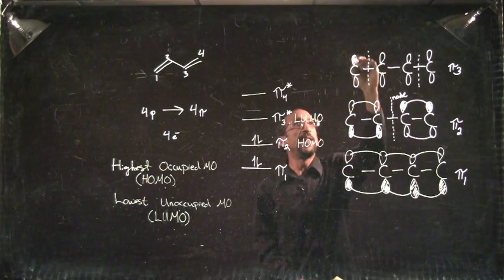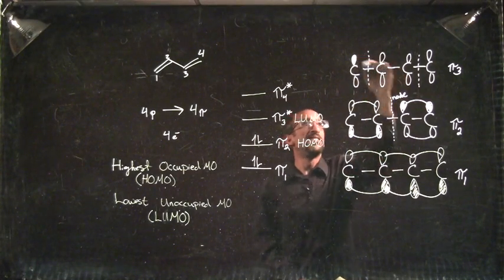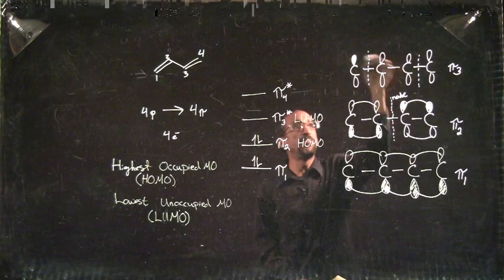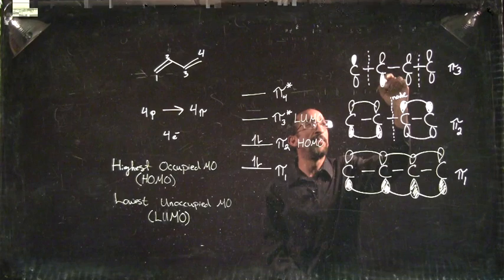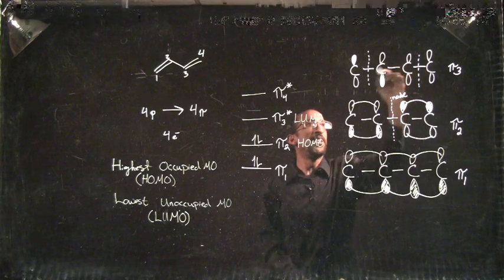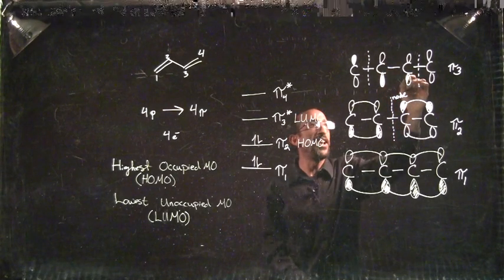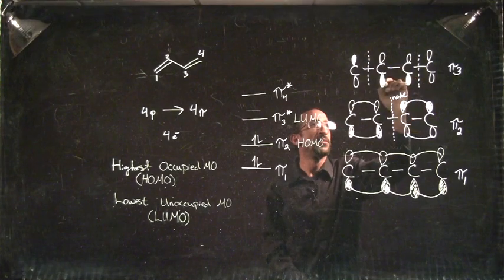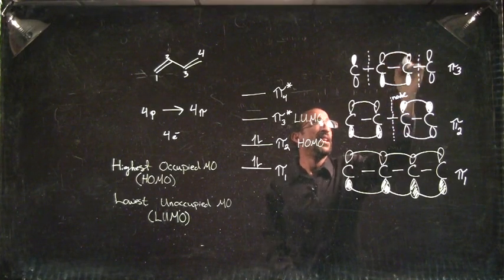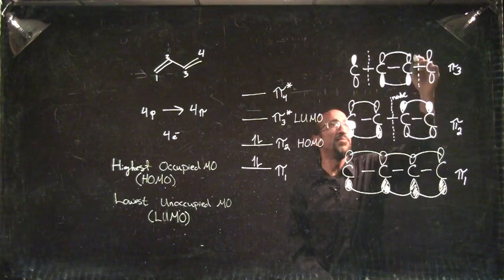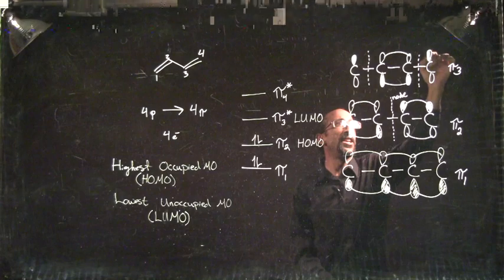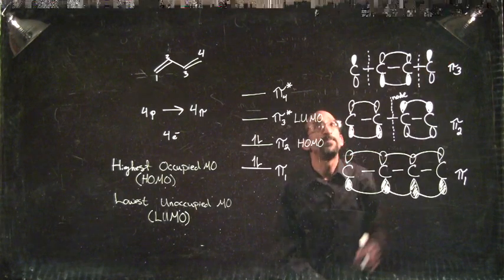And so now we see that between this first carbon and second carbon, we have an anti-bonding interaction, so I have to switch over which side of them I'm shading. Between my 2 central carbons, I have a bonding interaction. And then finally, my node here indicates that I have an anti-bonding interaction between these 2 carbons, and so I switch my shading once again.